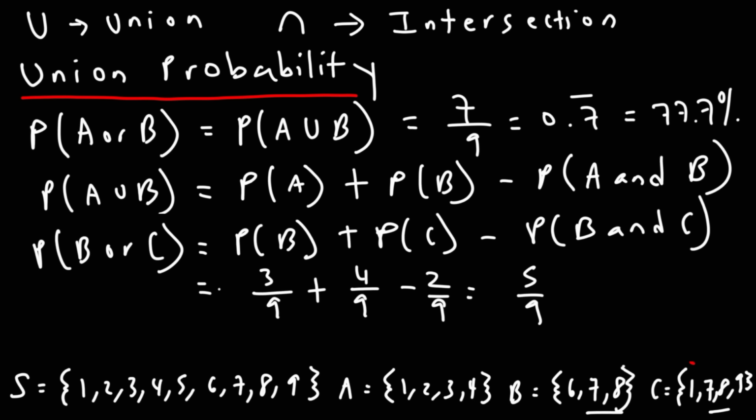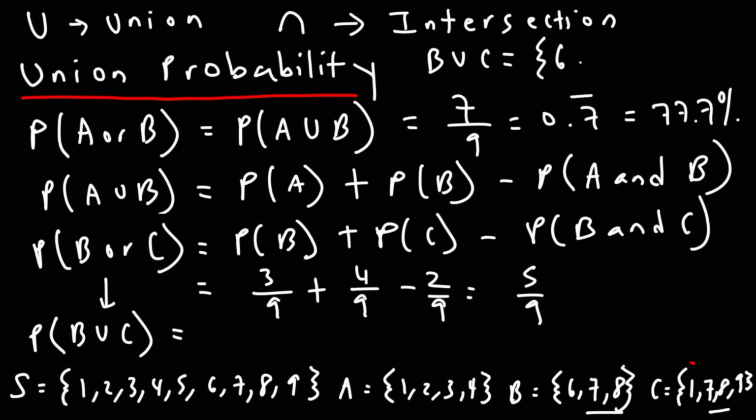So now let's calculate this another way. We can write this expression, probability of B or C occurring, as being the probability of B in union with C. And if we were to figure this out, B in union with C, we get the set 6, 7, 8, 9, and I'm forgetting 1, but let's write that first.